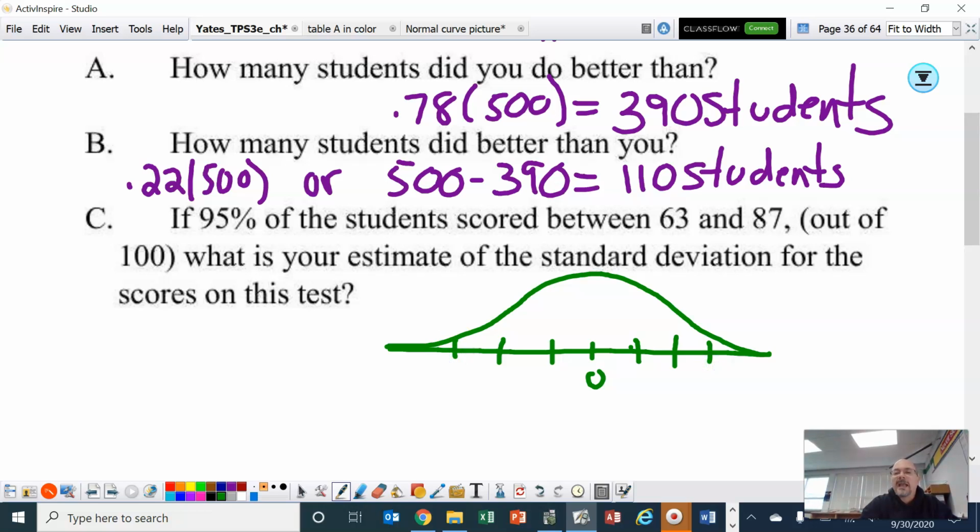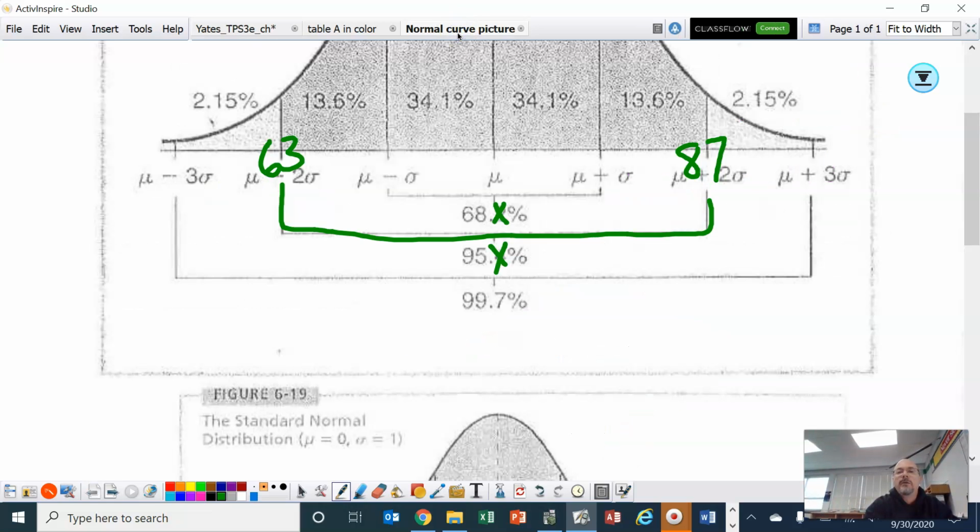So 95%. Did I go far enough? I believe so. This is 95% according to our little diagram. See right here, 63 to 87. That's 2 below to 2 above.